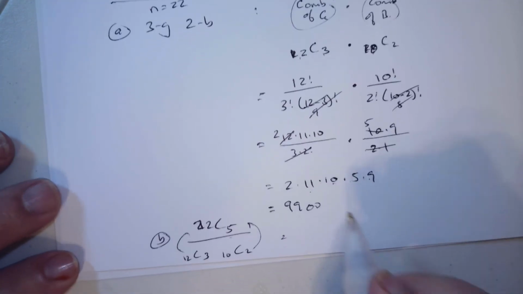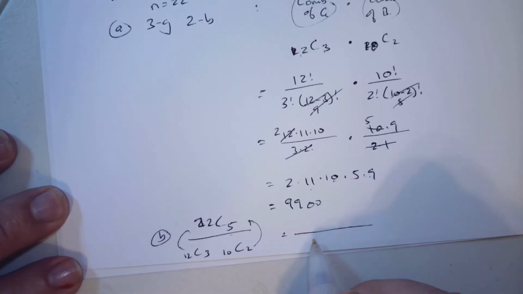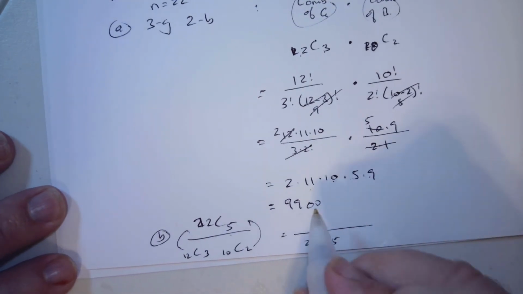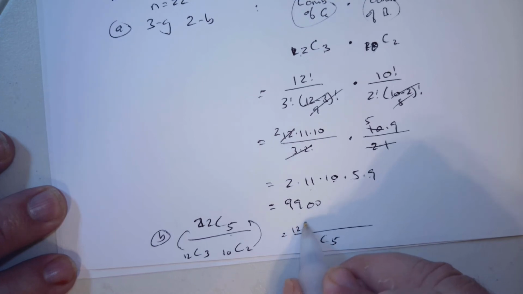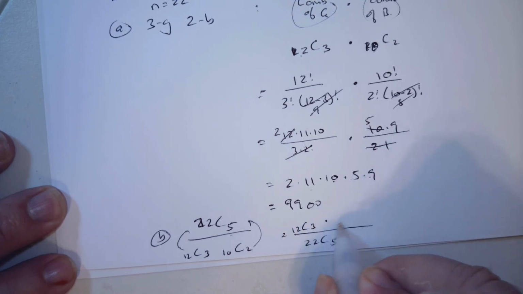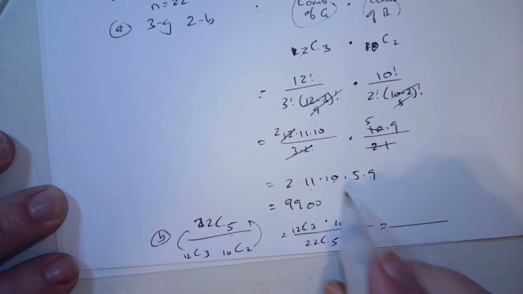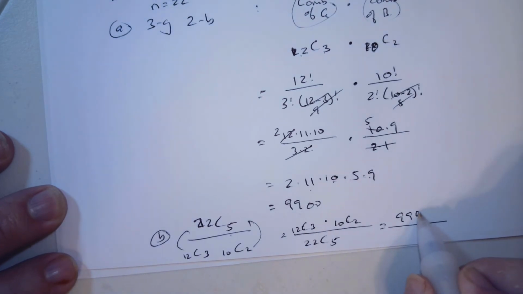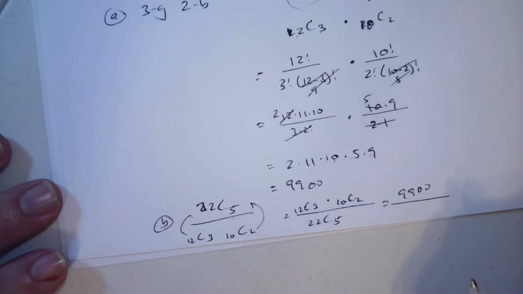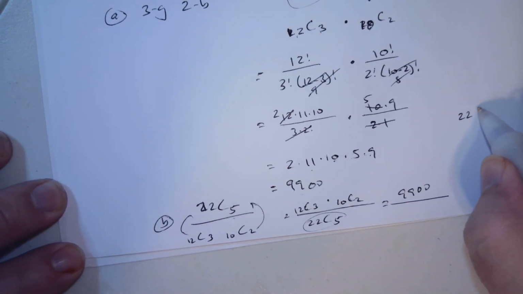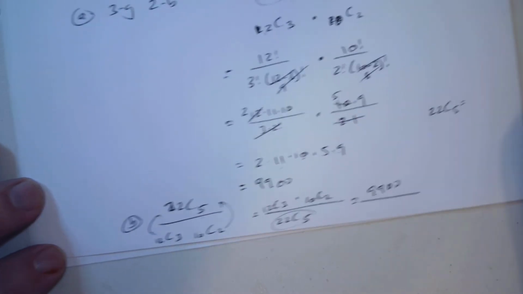The bigger number is always going to be on the bottom. 22C5, that's the total possibility, and now each individual, so it's 12C3 times 10C2. We know these two possibilities is 9,900. Now we just gotta find this one, 22C5.